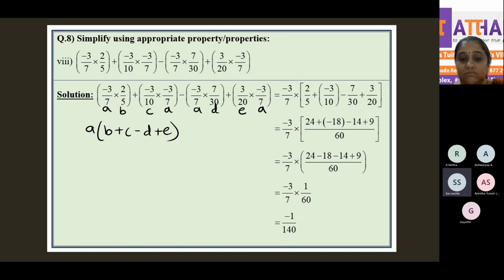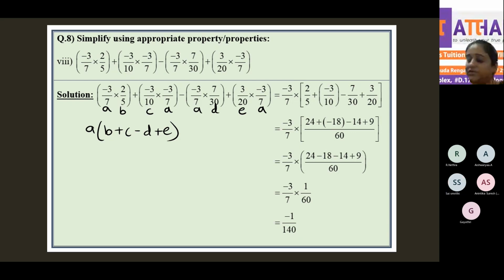Finished writing, ma'am. Ma'am, minus 1 by 140, minus 140, ma'am. Minus 1 by 140. Correct. No, ma'am, can we write it as minus 140?